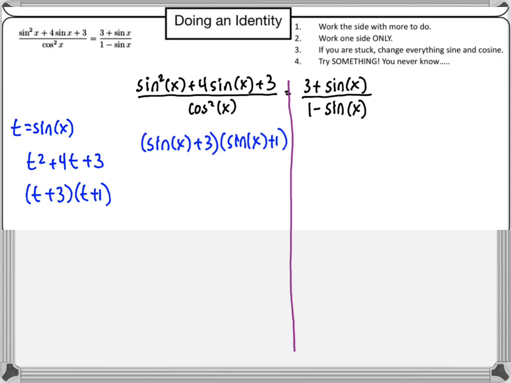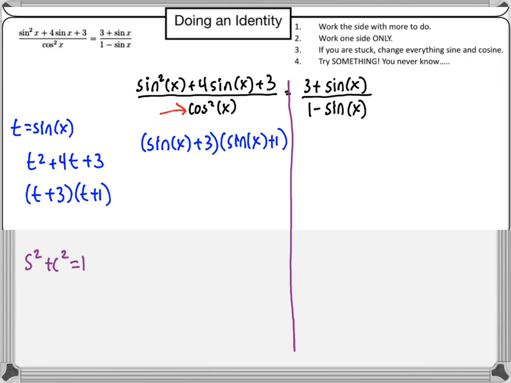Now, the cosine squared on the bottom looks like, well, what am I going to do with that thing? And I notice that it's just cosine squared by itself. I can probably get away with doing something with the Pythagorean identity. So what I'm going to do, and I'm going to do it in the shorthand, I'm going to go sine squared plus cosine squared equals 1.